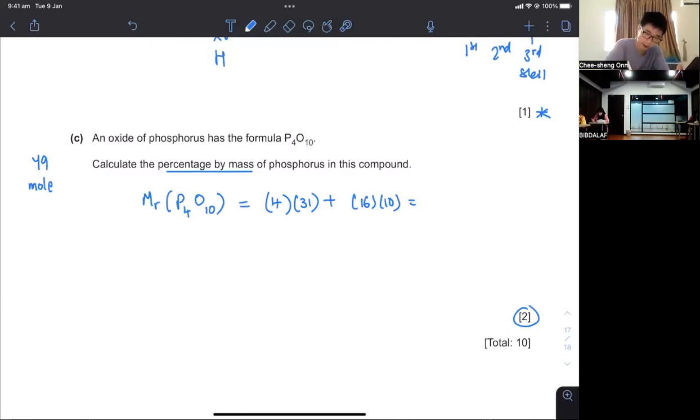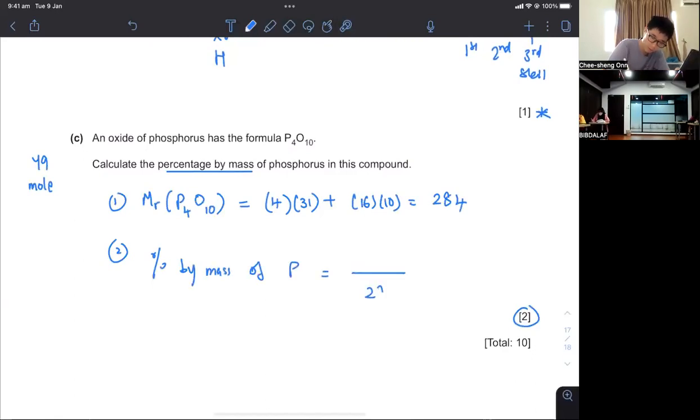I get 284. There's the first step. It means out of 284, how much is phosphorus? This is the percentage by mass of phosphorus. Out of 284, how much of the mass is contributed by phosphorus? I have 4 phosphorus, 4 times 31. That is the mass of the phosphorus, and this is the mass of the phosphorus oxide.